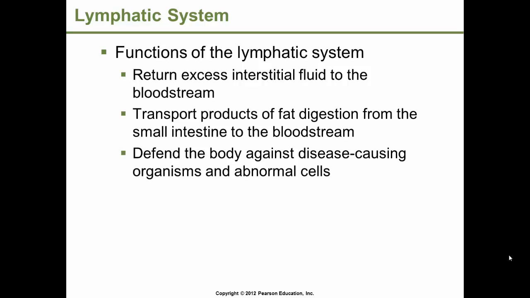Thus, they enter a lymphatic vessel known as a lacteal. The lymphatic system is also responsible for helping defend the body against disease-causing organisms and abnormal cells, which we'll discuss further in chapter 13.